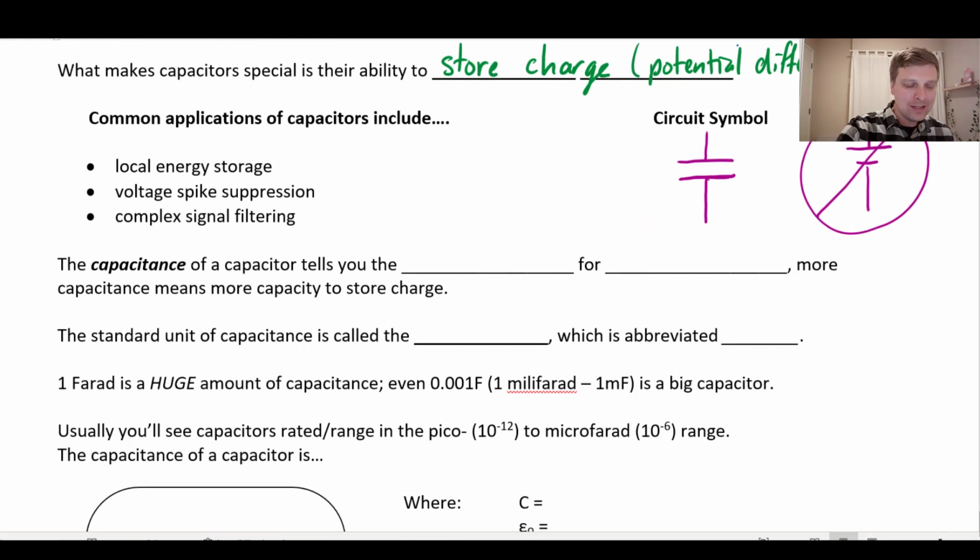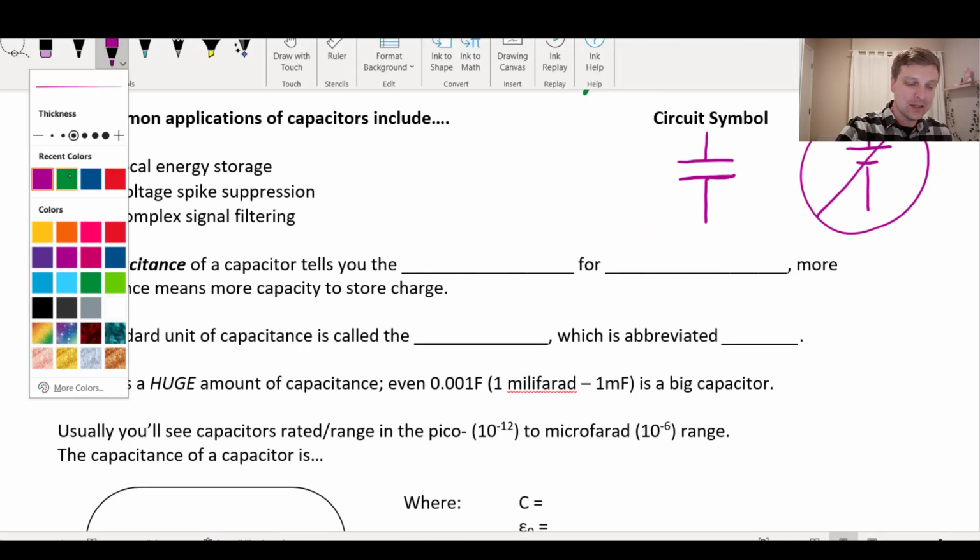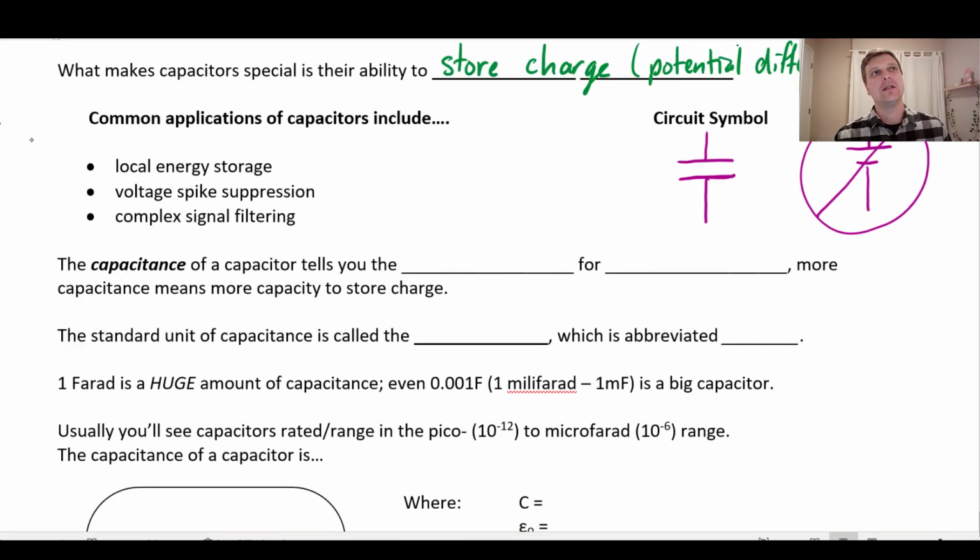So the capacitance of the capacitor basically gives us a sense of its ability to store charge. You can almost think of a capacitor as like a reservoir of electrons, like a bucket of electrons that we can use to push through a circuit somewhere. And so the capacitance kind of tells you how big the bucket is.